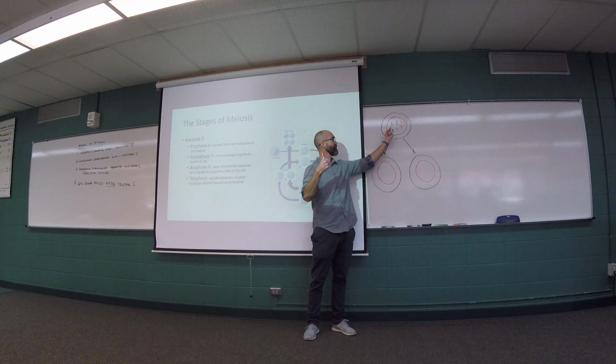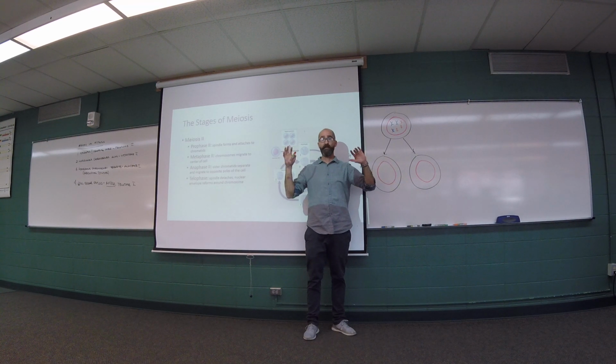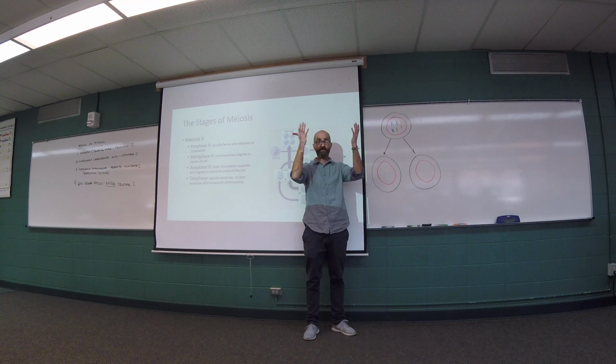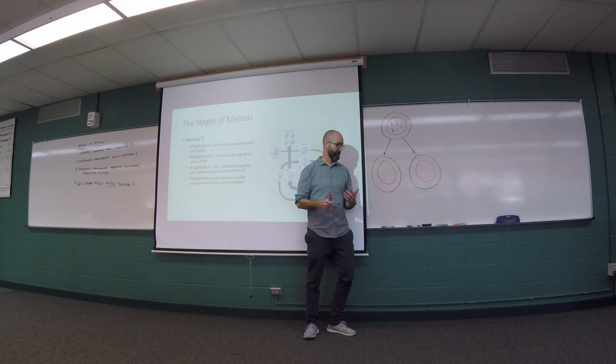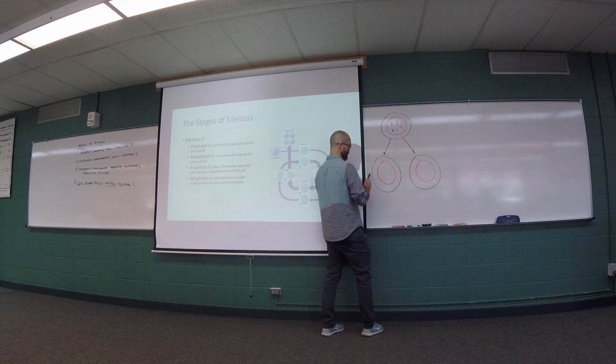And so half of this chromosome is going to go into here, and half of it's going to go over there. And that's cool because those 2 halves, those sister chromatids, carry the same genetic material. They're just duplicates of each other. And so in the end, this is going to look something like this.